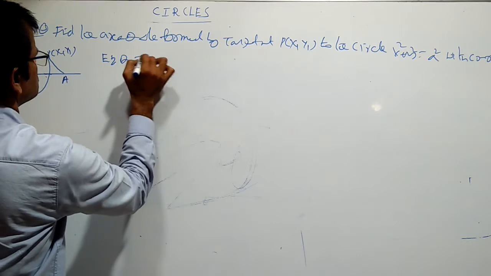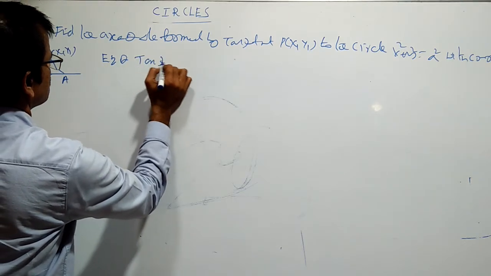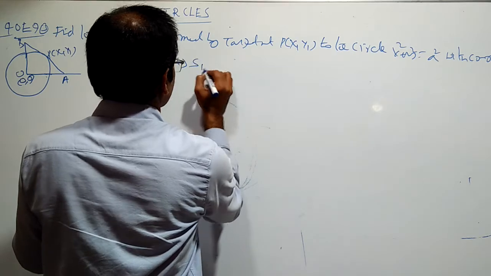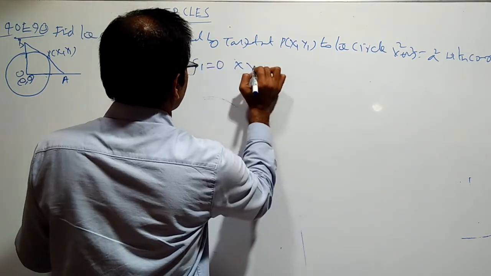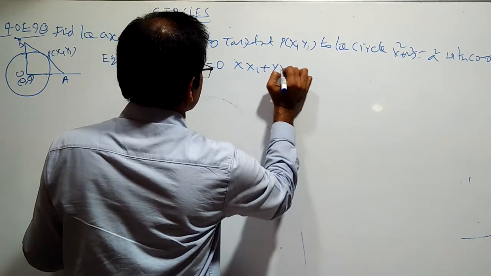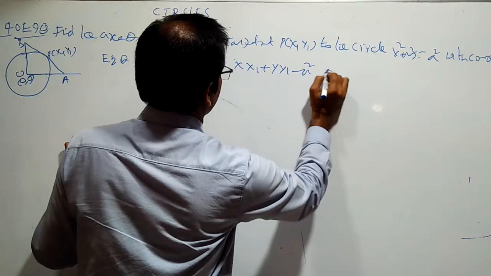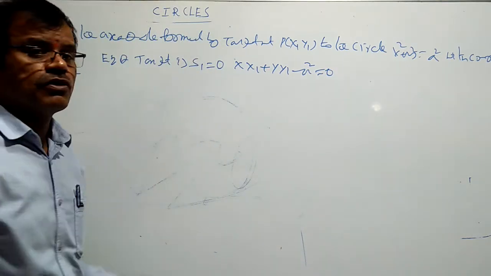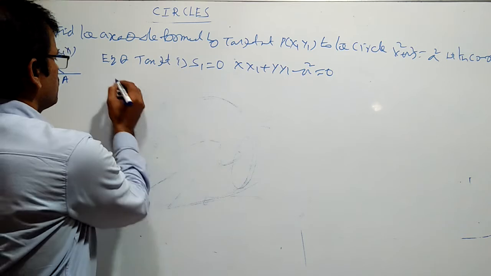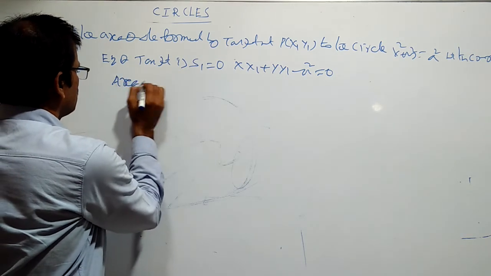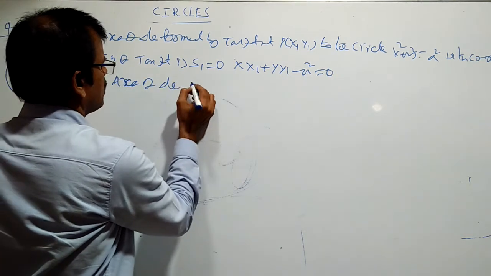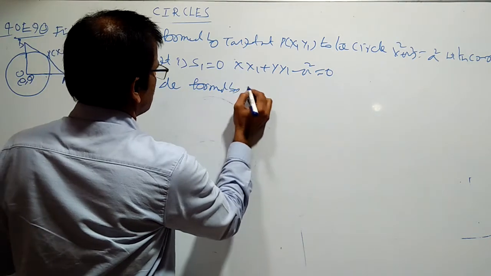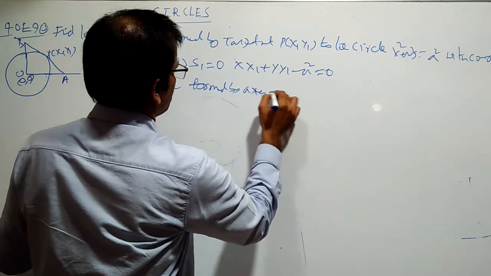Equation of tangent. The equation of tangent formula for the circle is simple, S1 equal to 0. This is xx1 plus yy1 minus a square is equal to 0. We know the area of the triangle formed by the coordinate axes.